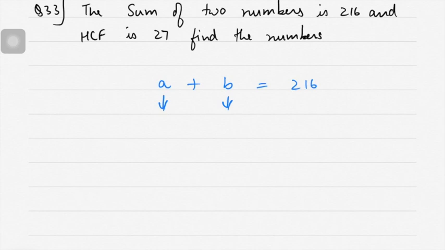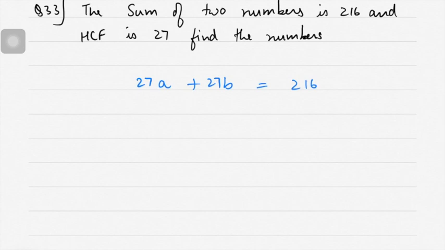So instead of assuming the numbers to be A and B, I'll assume them as 27A and 27B, because 27 is a common factor between A and B.